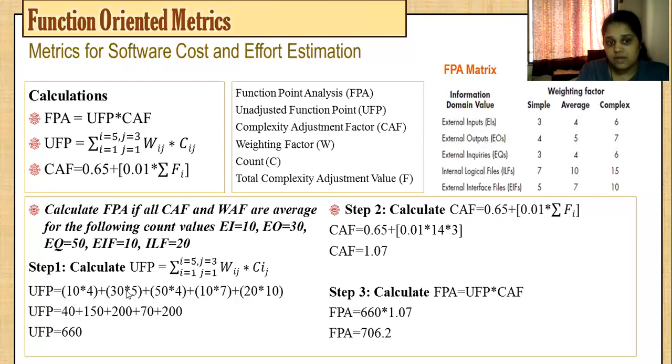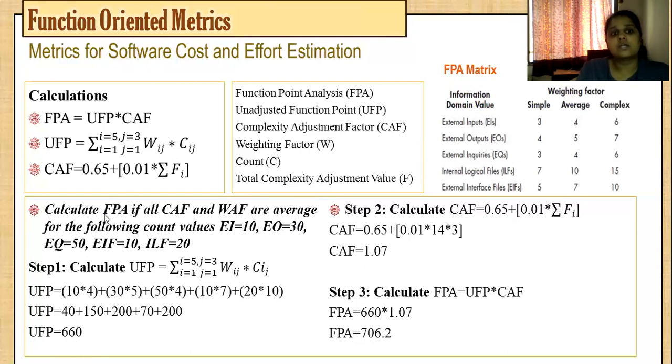So 30 into 5. Next is EQ 50, so count is 50 and EQ weight average is 4. So 50 into 4. EIF is 10 and average EIF is 7. So I have taken 10 into 7. ILF is 20, so count is 20 into weight of ILF average is 10. So 20 into 10. So finally you can compute UFP as 660.